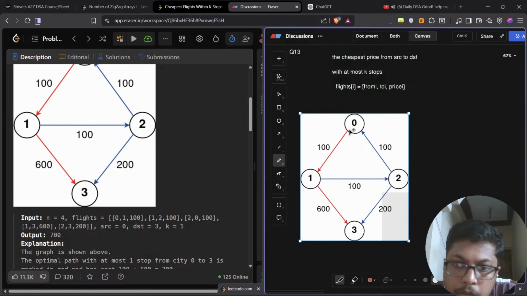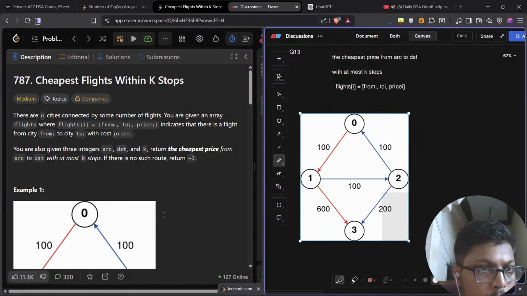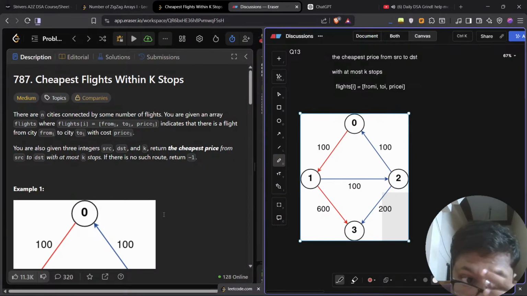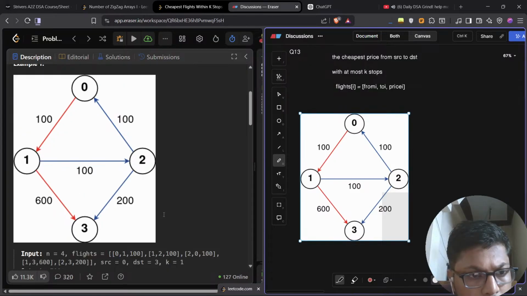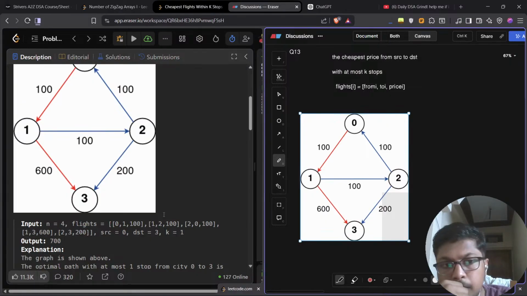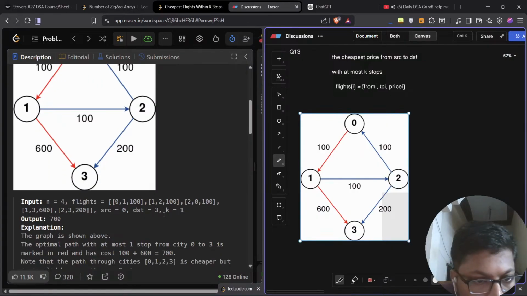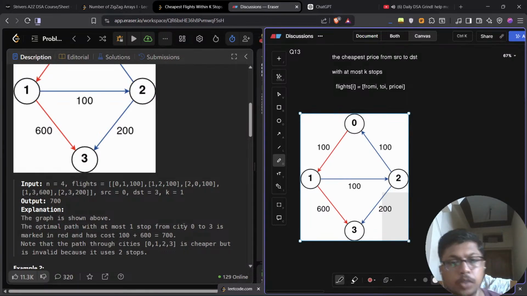We are able to go from 0 to 1 once and 1 to 3. Since there is no path within the limit, the answer should be minus one. The path between 0 and 3 is marked in red.